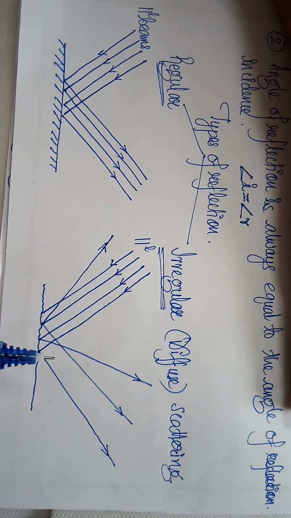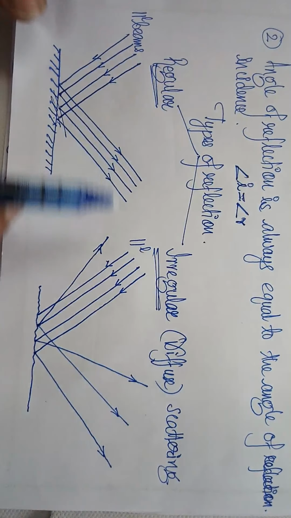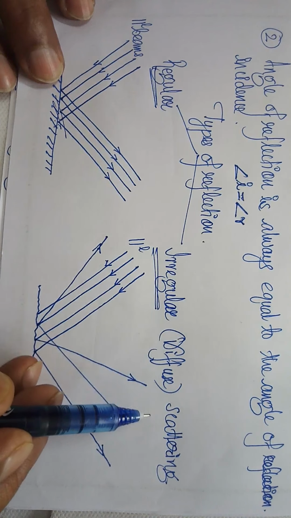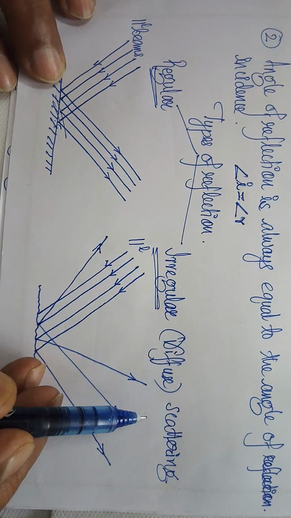Since the angle of incidence and angle of reflection are the same, the beam of parallel rays of light falling on the smooth surface is reflected as a beam of parallel light rays in one direction only. These are the different types of reflection: regular and irregular, which can be said as diffused, or scattering.